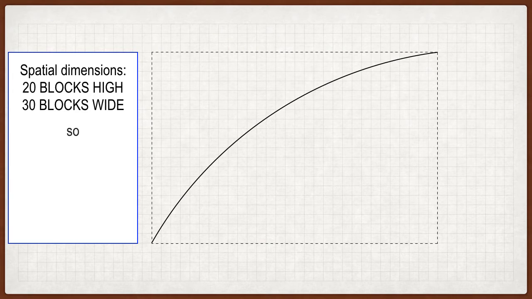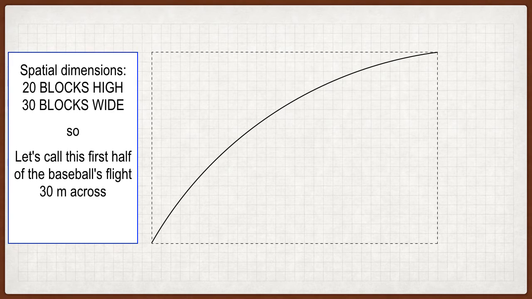So let's call the first half of this baseball's flight 30 meters across and 20 meters high. In other words, every block is 1 meter. That's a normal size trajectory for a baseball. It's not going to be a home run, but it's going to be all right.